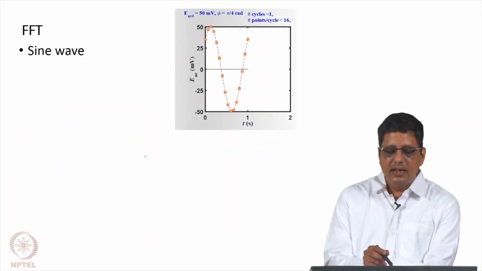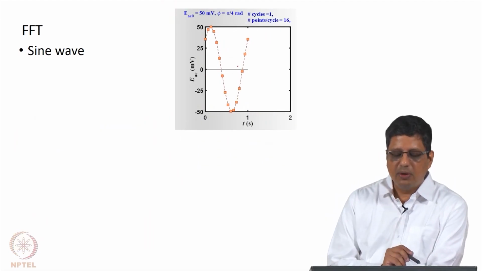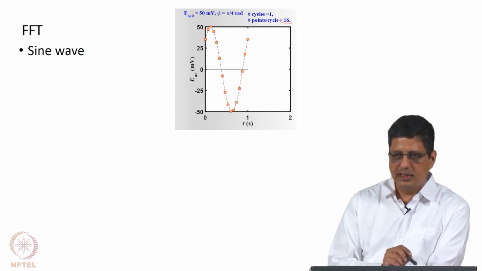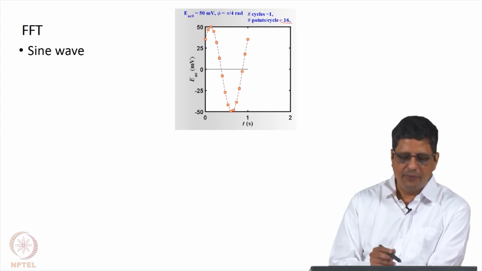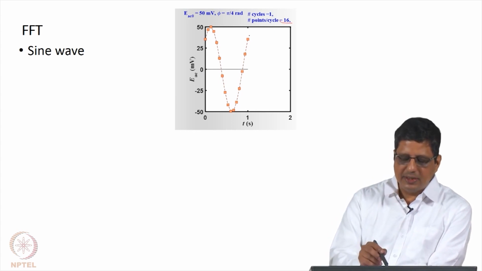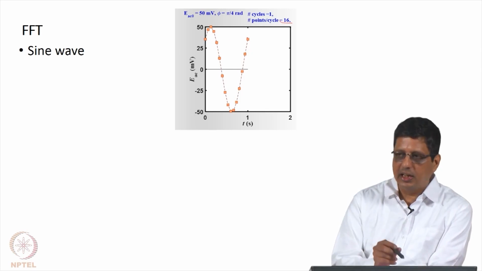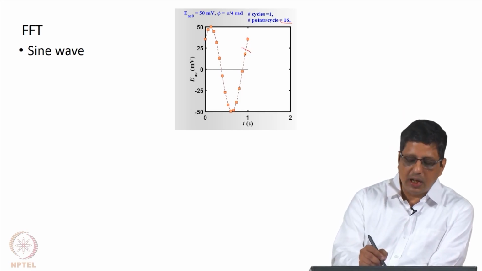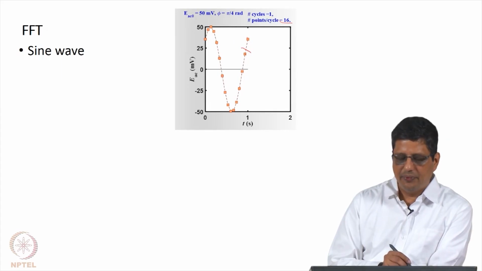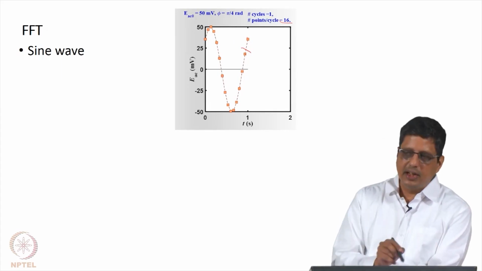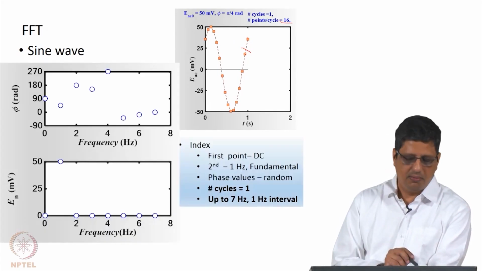Now what I have done is sampled only up to 1 cycle. I have gone back to 16 hertz of sampling, 16 points per cycle. I have shown it on the same scale and shown that I have truncated up to this. When I feed it to the program, I will feed up to this level and then do FFT. 16 means I should expect up to 7 hertz.